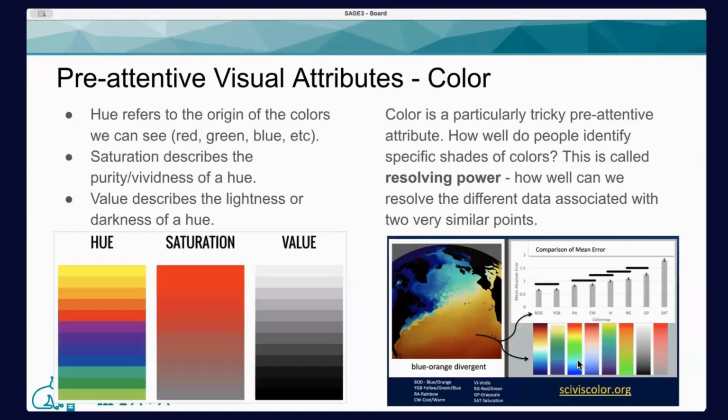But when you look at something like a rainbow and your data is quantitative, it's actual numbers, you have to ask yourself, how do you map it? Why would green be more than blue and less than red? It's kind of arbitrary.